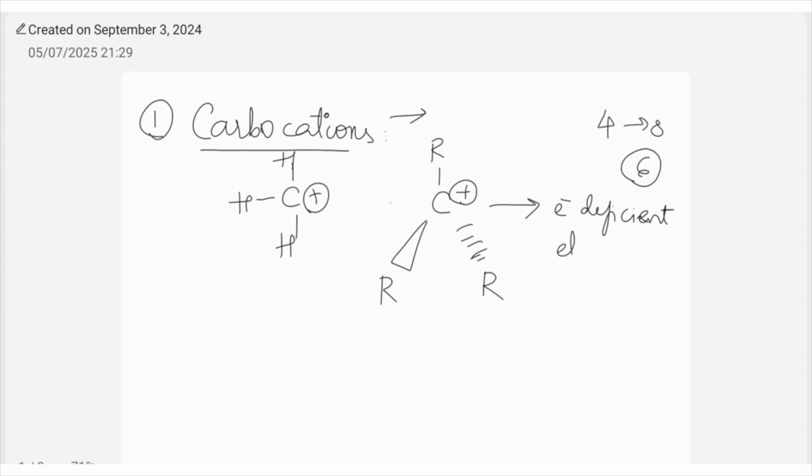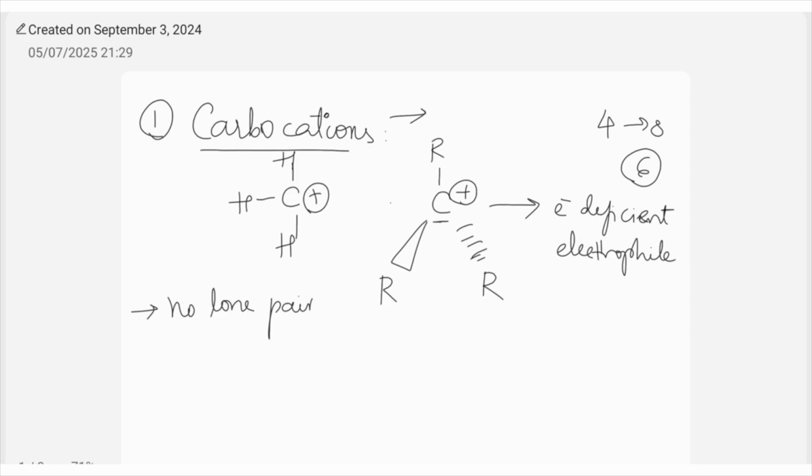So it is considered an electrophile, which means electron loving. So carbocation is an electron deficient species and an electrophile. Generally carbocation has no lone pair of electrons. Of course, as it is electron deficient, it has no lone pair on it.